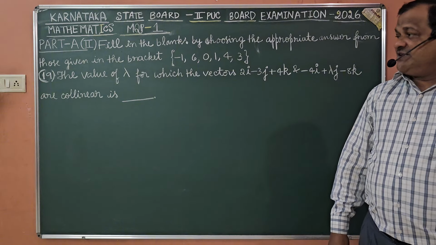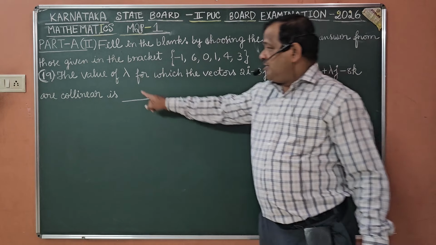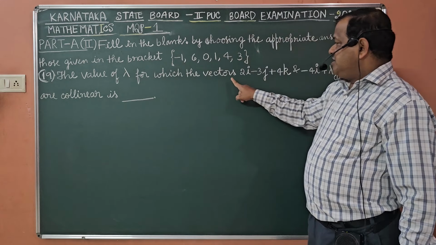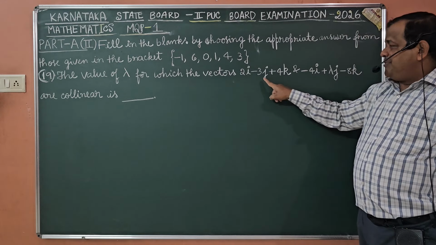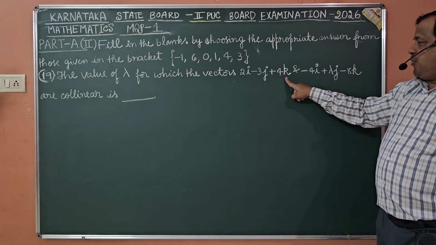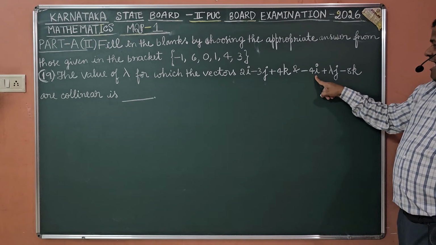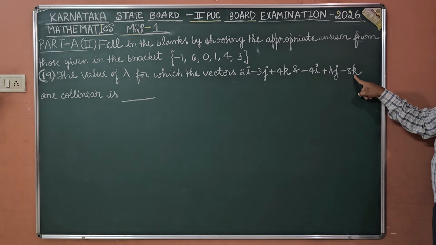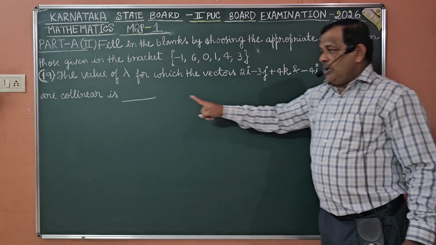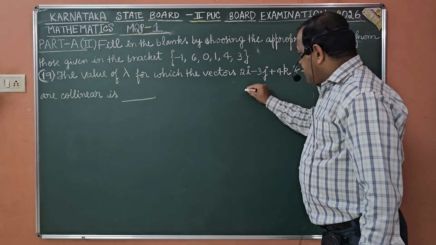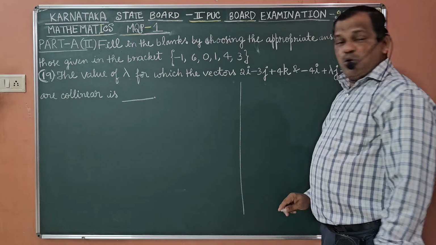Here is the 19th, fill in the blank. The value of lambda for which the given vectors 2i cap minus 3j cap plus 4k cap and minus 4i cap plus lambda j cap minus 8k cap are collinear is. Here I would like to mention the trick over here.